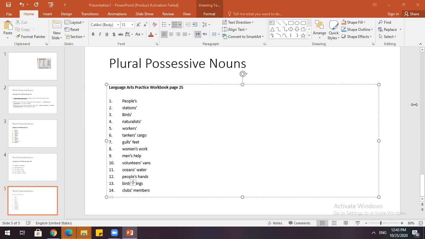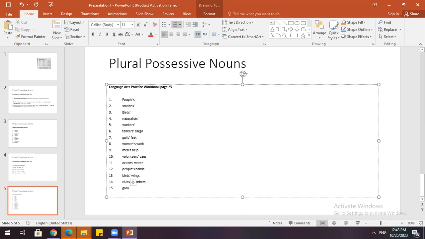Can you hear me? Yes, dear. The contribution of groups. The group's contribution. Very good. How do we write groups? What do we add? We add apostrophe S. We already have groups.